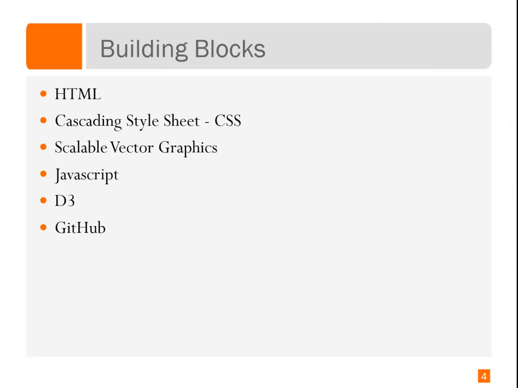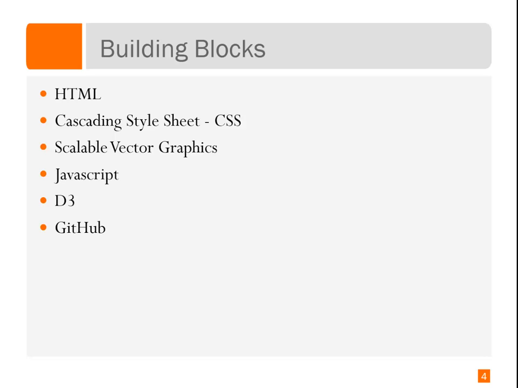Now let's discuss some of the building blocks for creating web-based data visualization. The most basic one, the most fundamental one, is HTML. We're going to be creating different code examples using an overall framework of HTML.